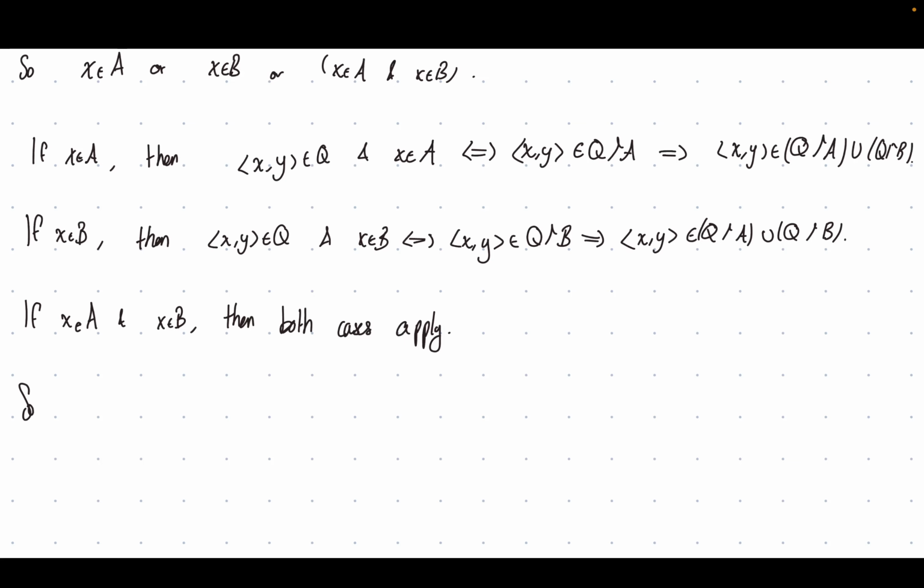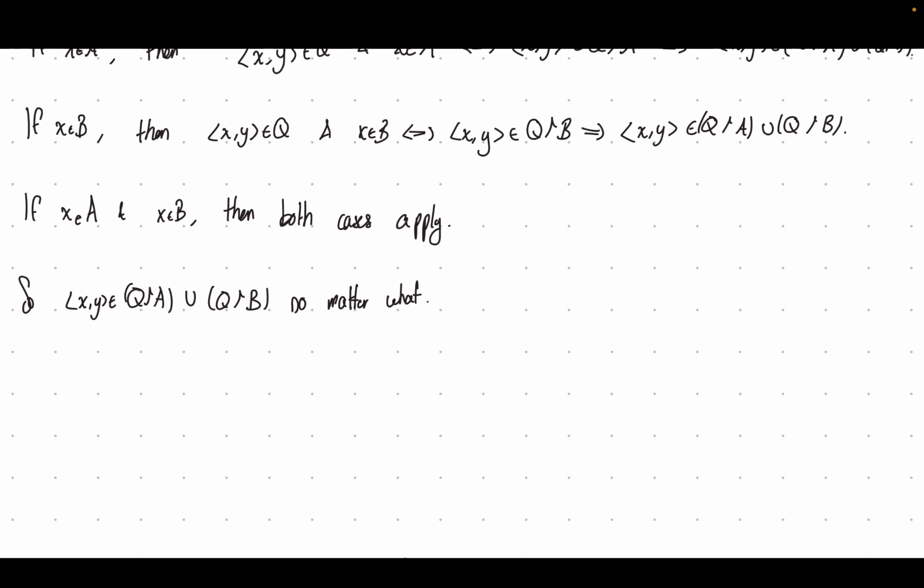So x, y is in the restriction of Q to A union the restriction of Q to B, no matter what. And thus, the restriction of Q to A union B must be a subset of the restriction of Q to A union the restriction of Q to B.